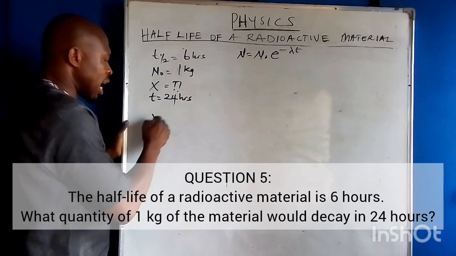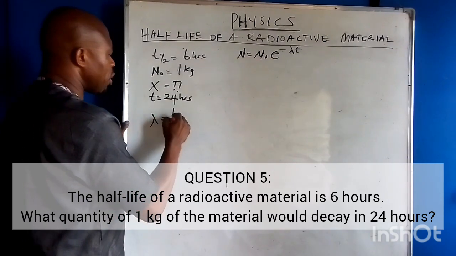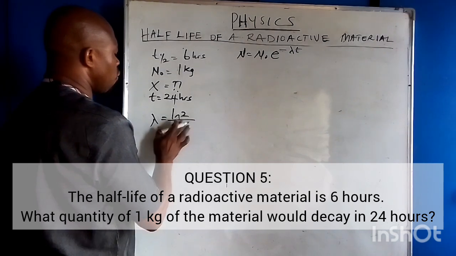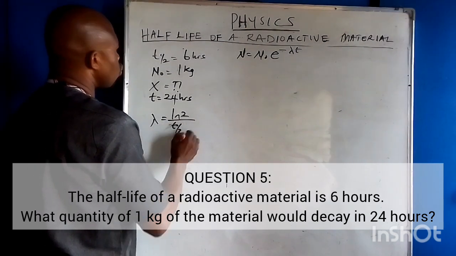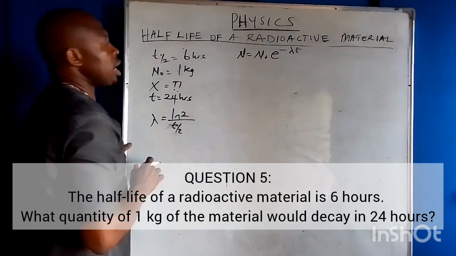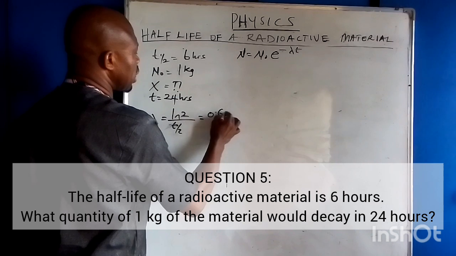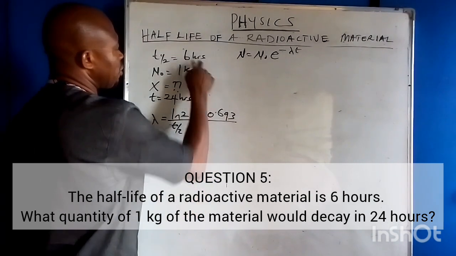Now the decay constant is the natural logarithm of 2 all over T half, which is the half-life. It will now give us 0.693 all over T half. T half is 6.